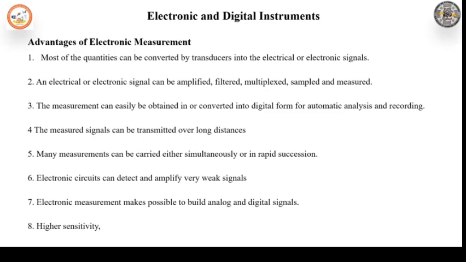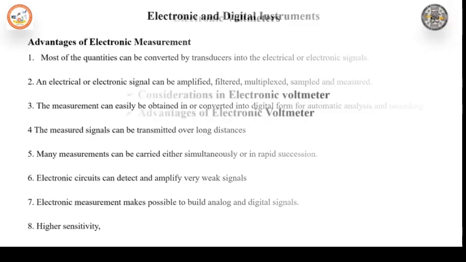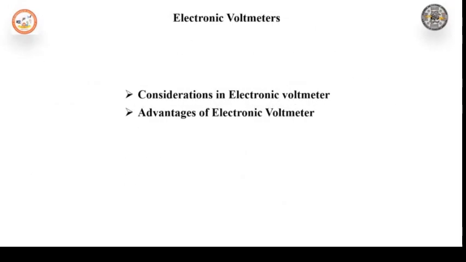The measured signals can be transmitted over long distances. Many measurements can be carried out either simultaneously or in rapid succession. Electronic circuits can detect and amplify very weak signals. Electronic measurement makes it possible to build analog and digital signals, and it has higher sensitivity.